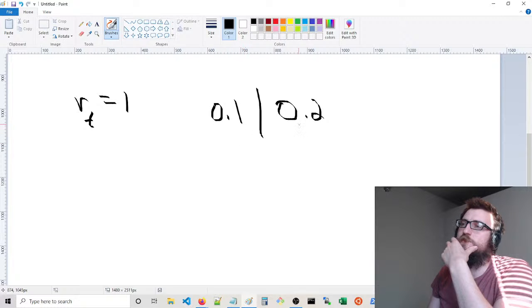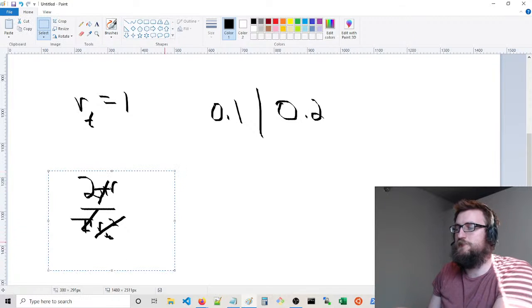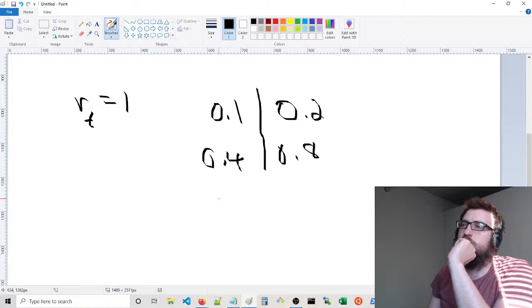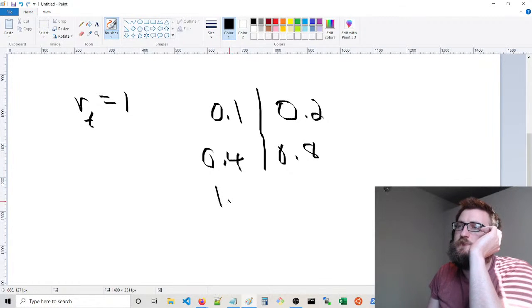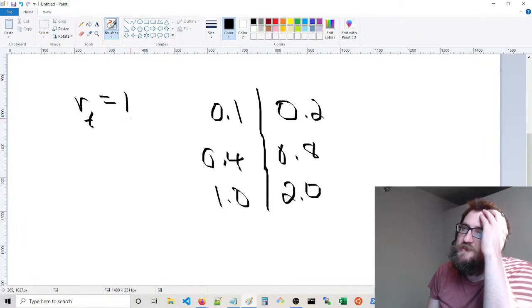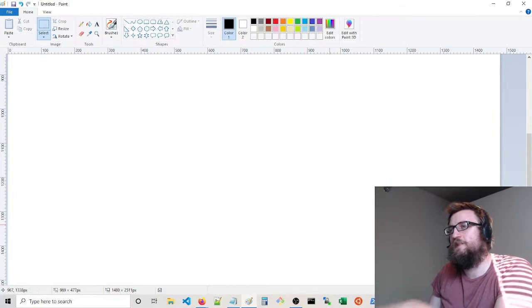We said 2 pi r over pi r sub t squared, but r sub t is 1, pi's cancel, so any particular radius is 2r. So 0.4 is 0.8. But 1, see, that doesn't make sense though, because that means that 1 is 2. That's not correct.